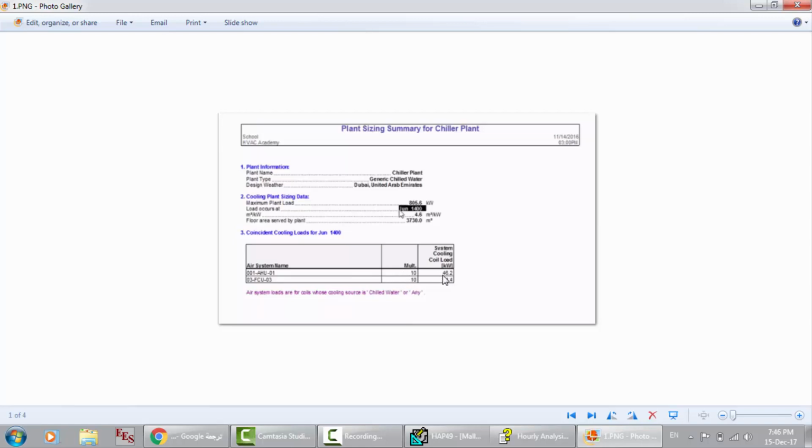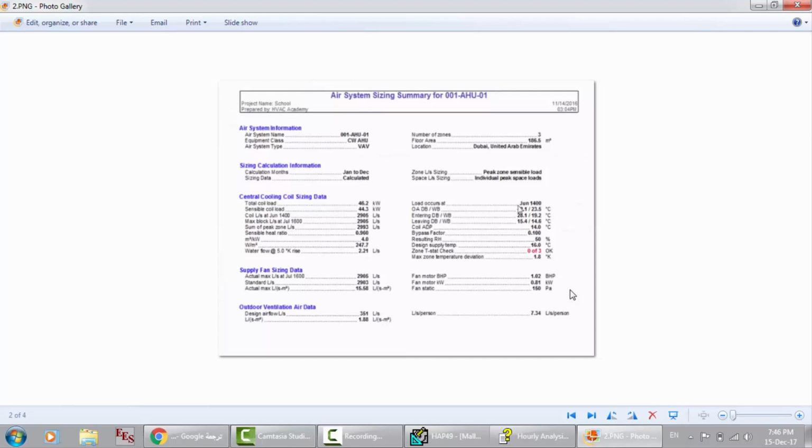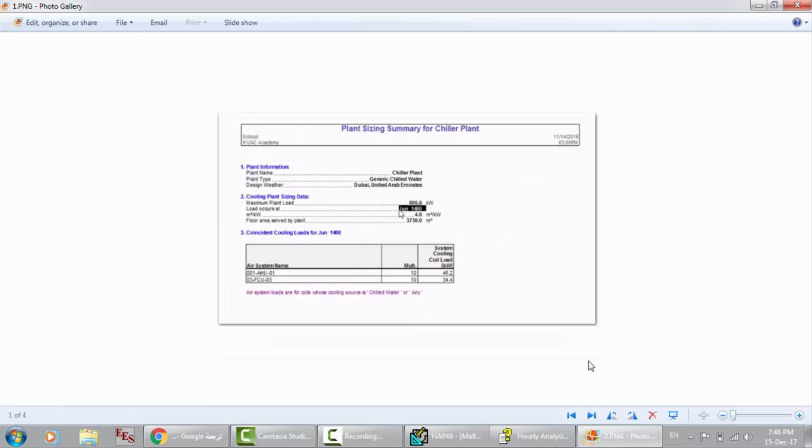So here is 46.2 and here for 34.4. Okay, let's see. This is the peak also of the AHU is at June 14:00. Okay, the same as the peak of the plant.